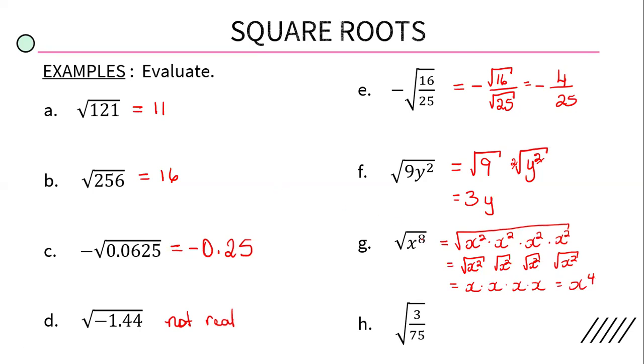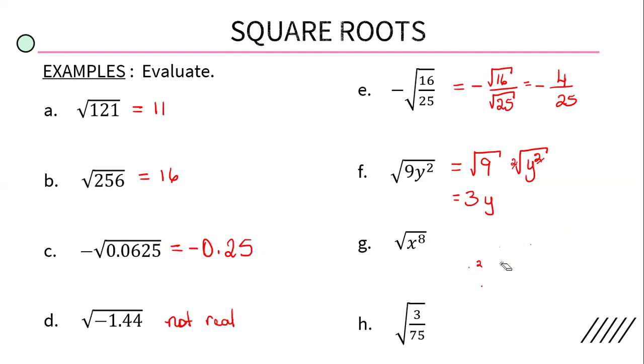So again, I'm taking x to the power of 8, and I want to group it to see how many groups of 2's I can get from 8. I know that I can get 4 of them, so let me just redo this in a different way. So we have the square root of x to the power of 8.